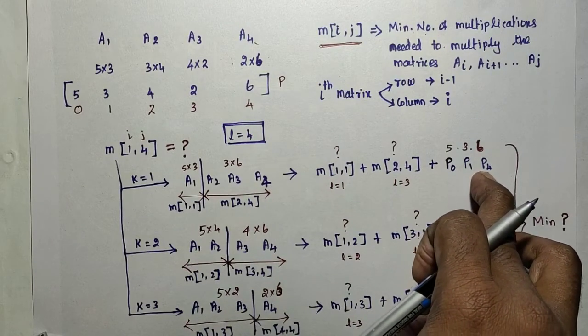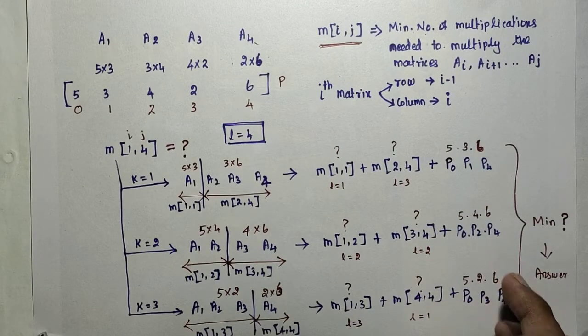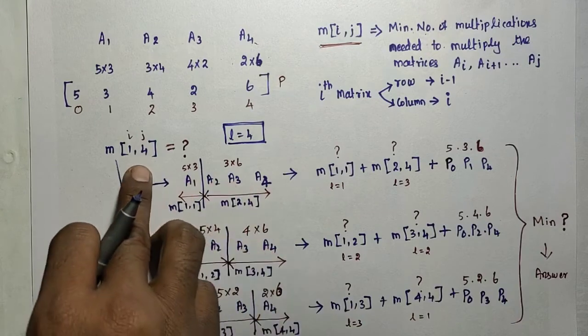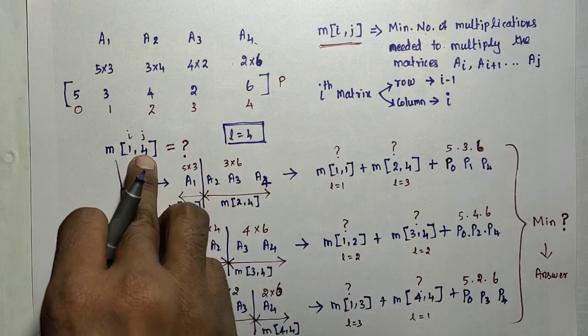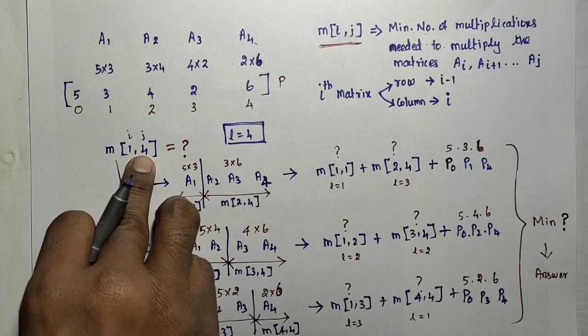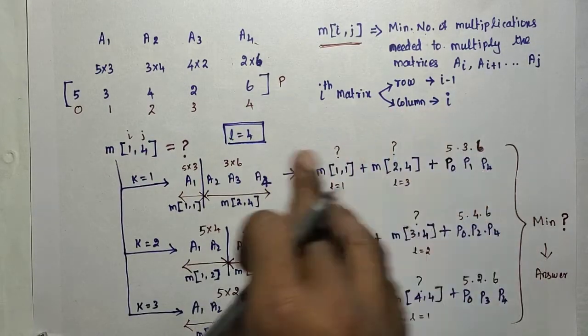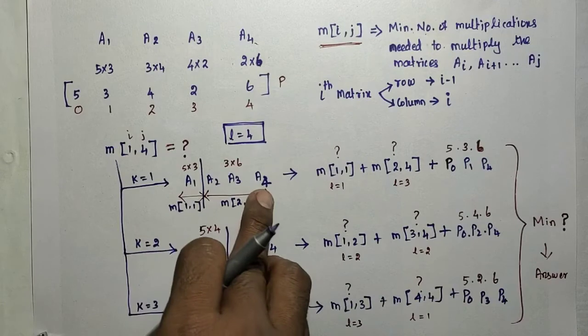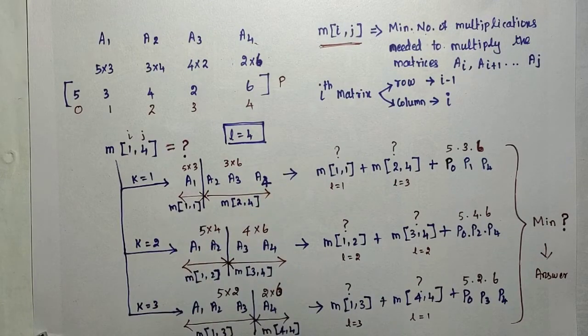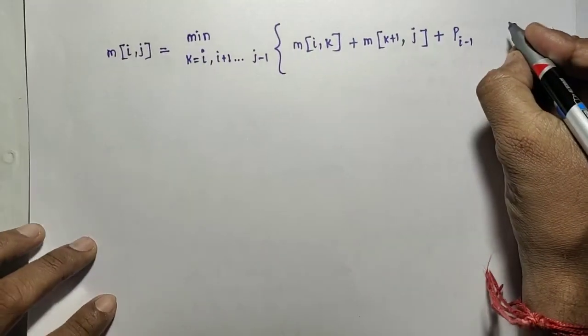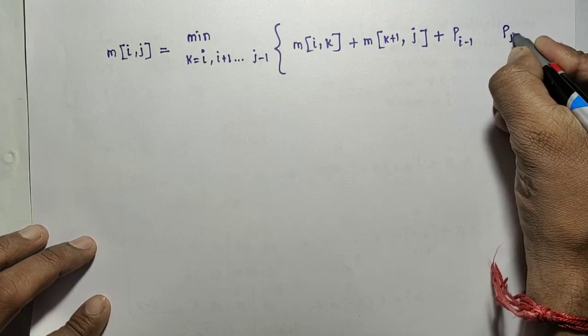Here P4 and P4, so the A4 matrix's column size. The ith matrix's column will be i only, so the jth matrix's column will be j only. So the last one will be Pj.